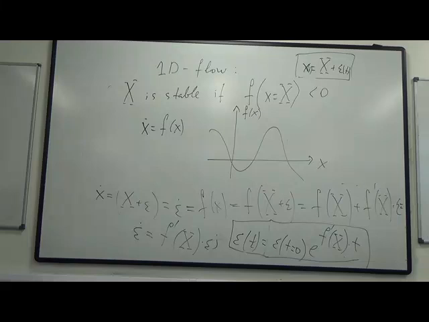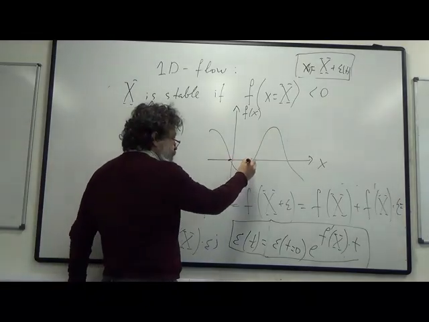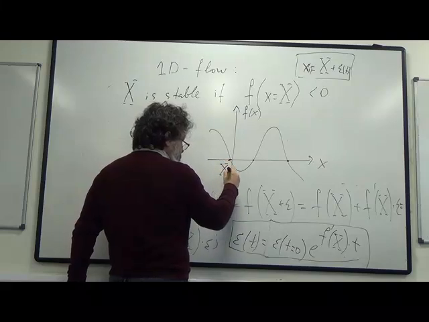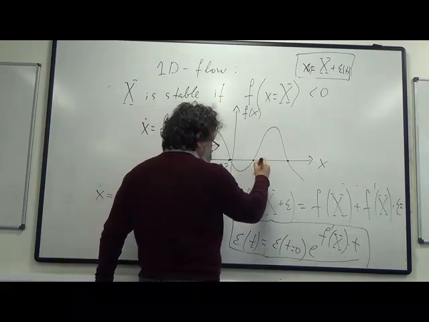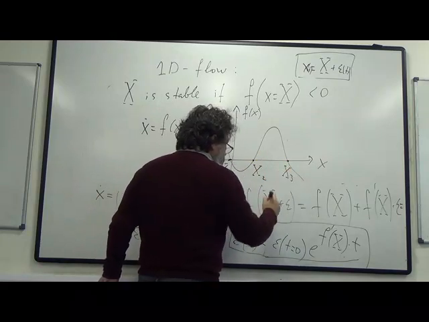Okay, good. So the fixed points are where the function is 0, this, and this. And this is x3.